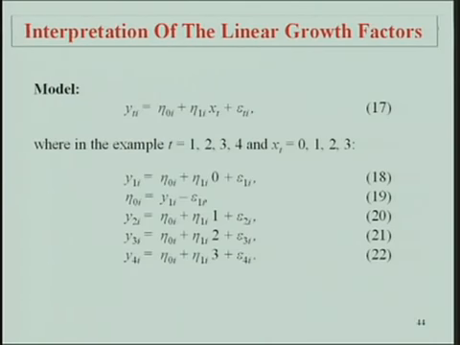It comes about, for those of you who like formulas, in the following way. You put in the time scores here for y1, the first time point. X is 0. So you have eta 0 plus eta 1 times 0 plus epsilon. So y1 is essentially equal to eta 0. Eta 1 falls out, right?